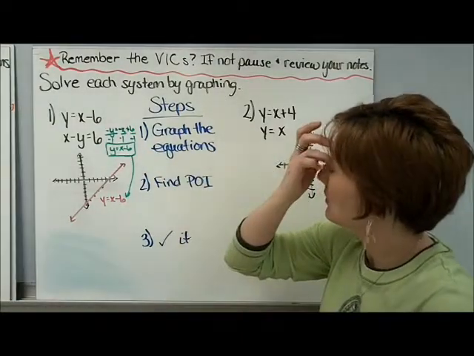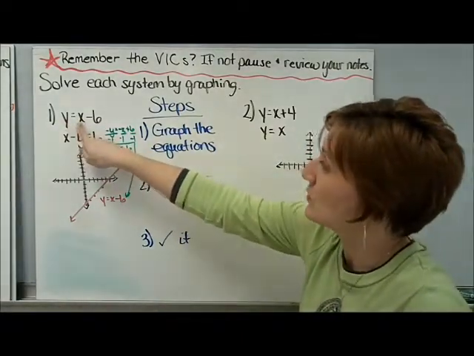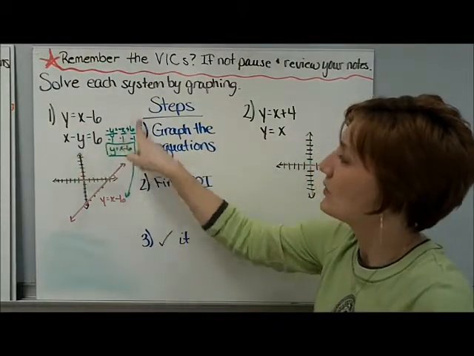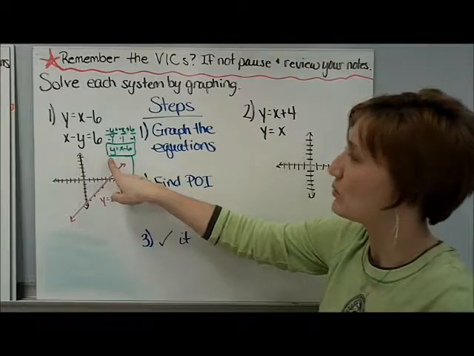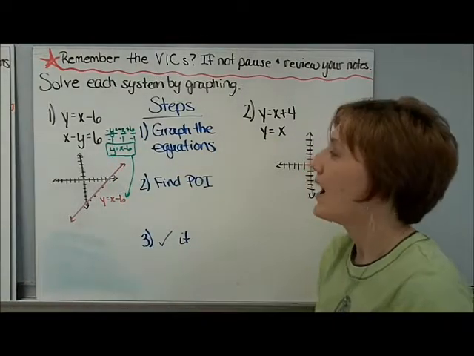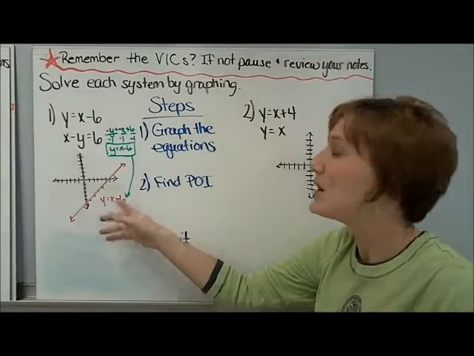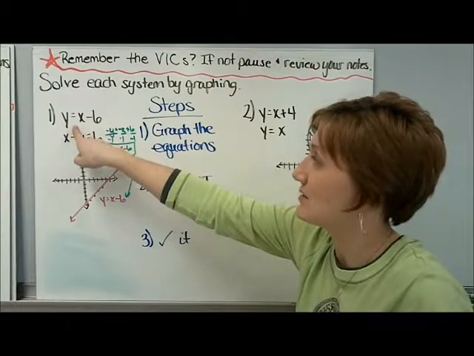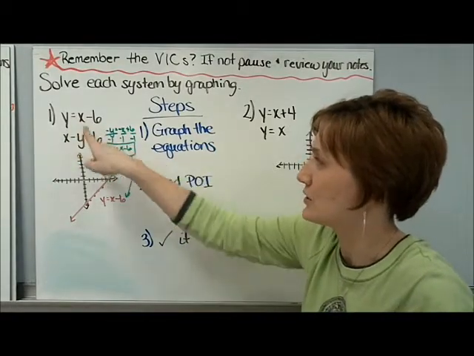And so what we've done here is y equals x minus 6 and x minus y equals 6. We've rearranged it and we end up with y equals x minus 6. I don't even have to graph these, because y equals x minus 6 and this equation here are the exact same equation.